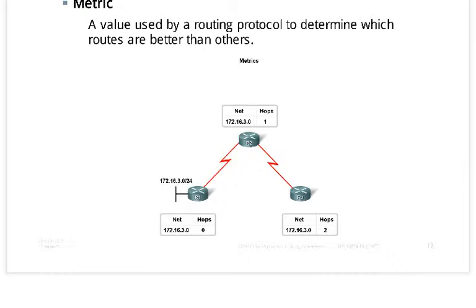Okay? So the distance between router 2 and the address 172.16.3.0, which is this one, is 1. So you have to go through R1 and then you reach this LAN.